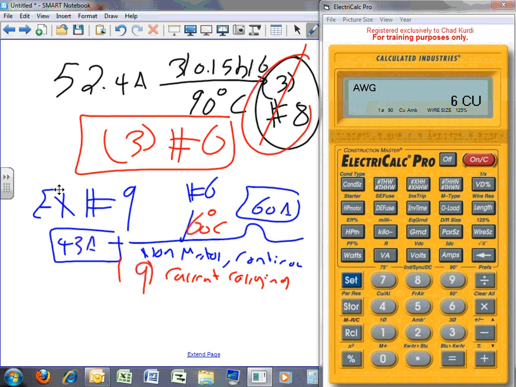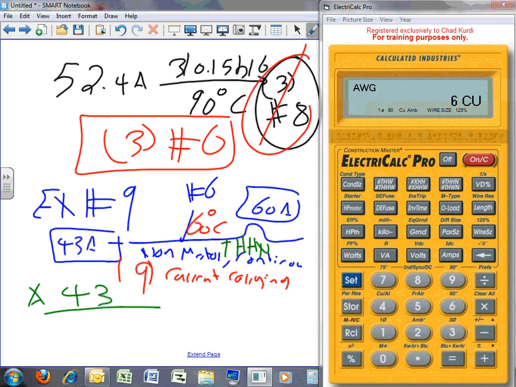Do me a favor. Number 1, the same thing, you're going to take the 43 amps and divide it first. What's the 60 degree? We're using THHN conductor. What is the 60 degree ambient temperature factor, guys? Everybody came up with 0.71?